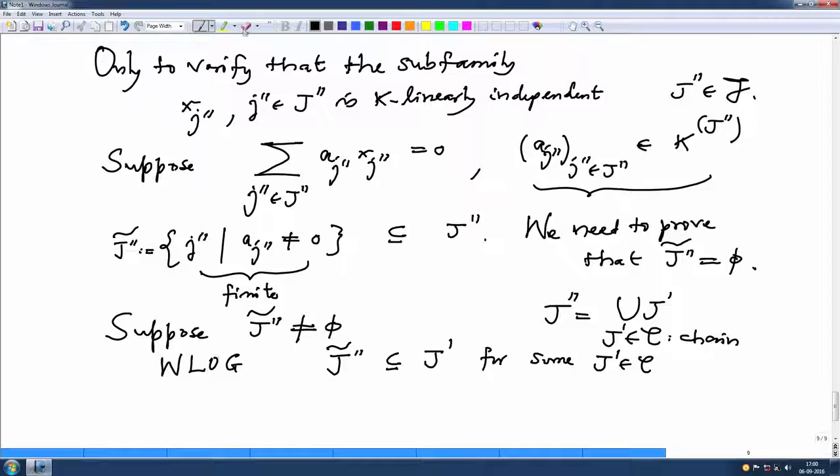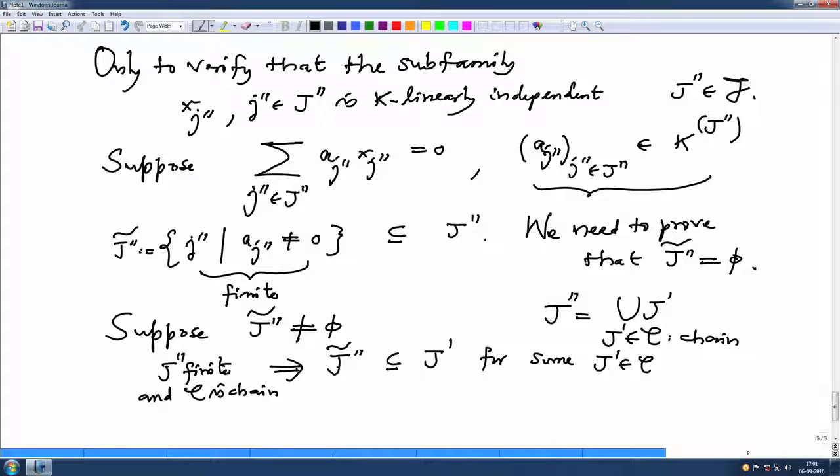So because J double prime tilde is finite and C is a chain, it follows that J double prime tilde will be in one of the J prime.